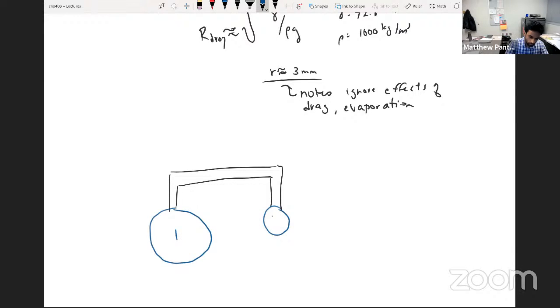Let's call these bubble 1 and bubble 2. Suppose you have a valve between these two and it's closed initially. So we have two soap bubbles attached to this apparatus.